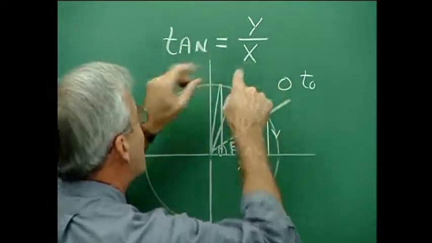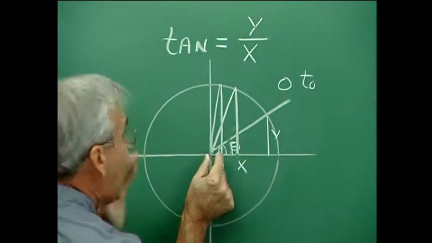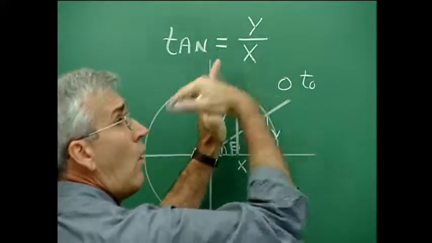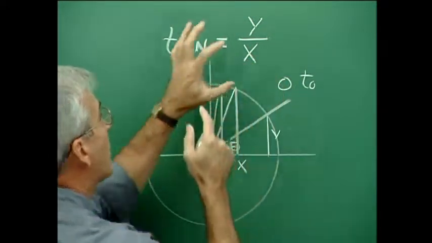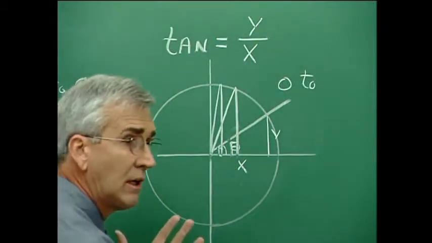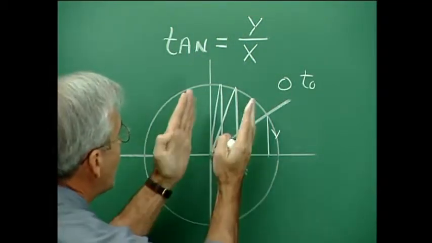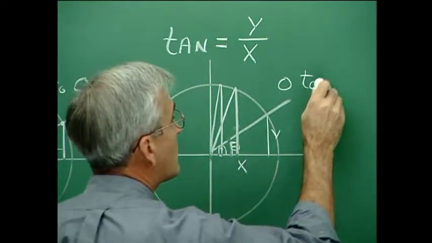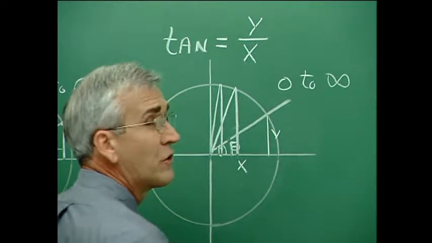But x is getting smaller and smaller as that angle approaches 90 degrees, and it'll go into that numerator more and more times. So the fraction is approaching infinity as we get really close to 90 degrees. So we're going from 0 to infinity in the first quadrant.